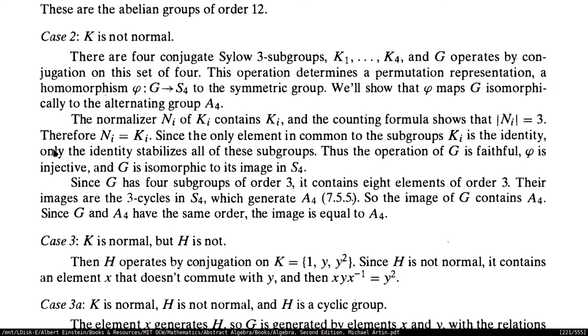I think we were looking at even and odd permutations. So every 3 cycle is an even permutation.